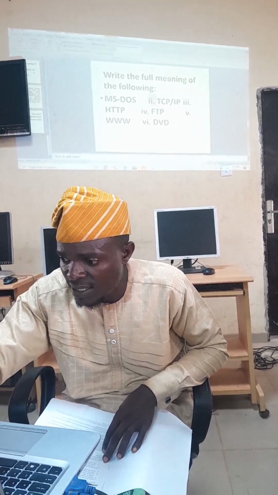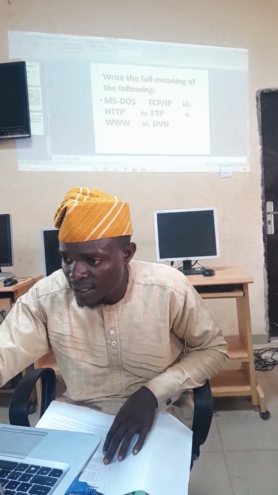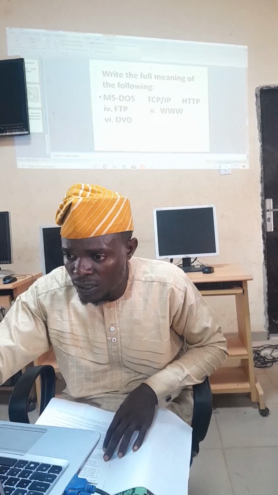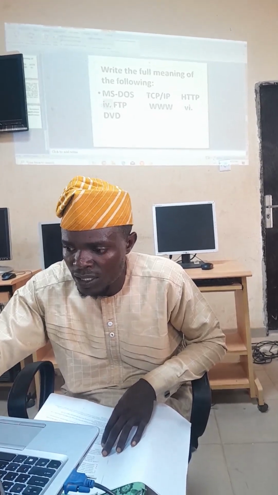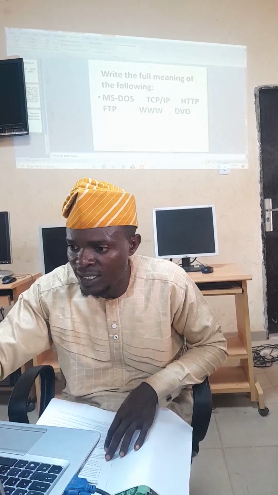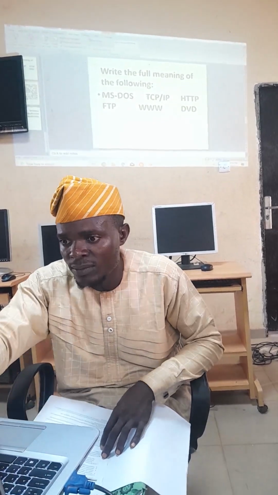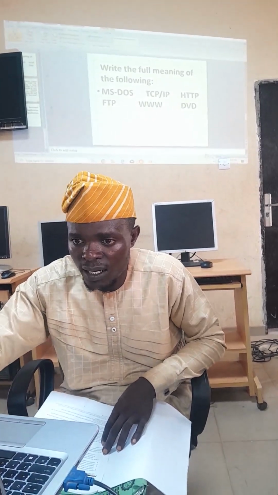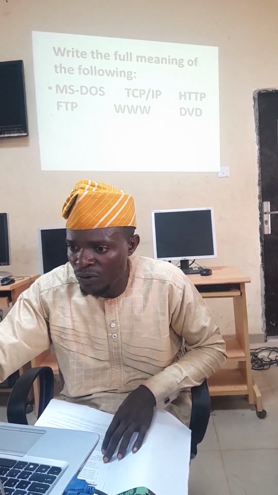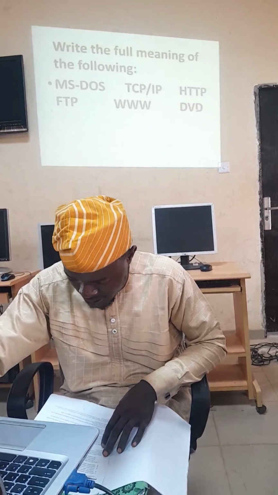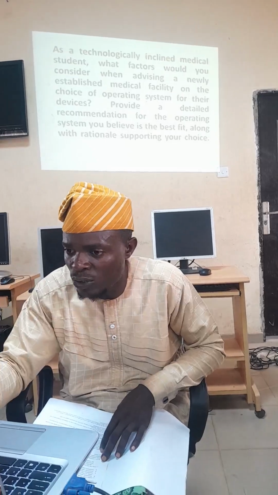So please, let's find the full meaning to the following acronyms. So let's get their full meaning, and if possible, we can read one or two things about them. These are the acronyms: MS-DOS, TCP/IP, HTTP, FTP, WWW, and DVD.